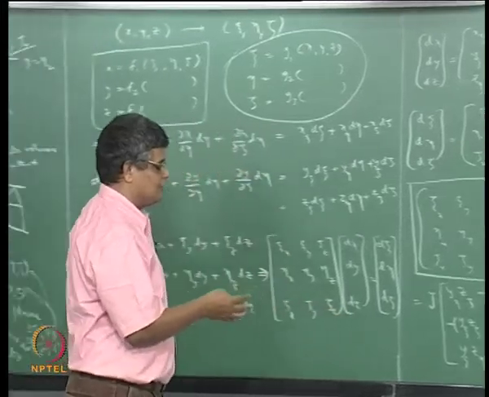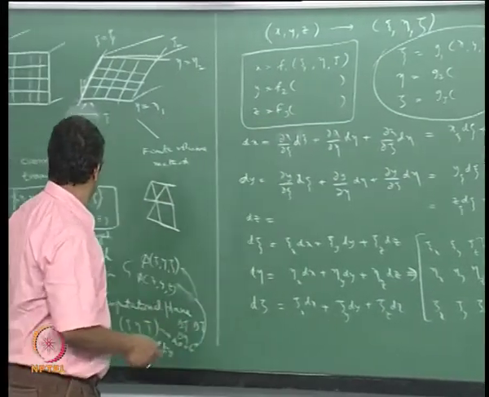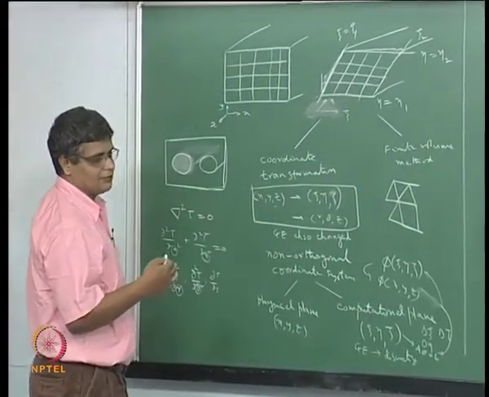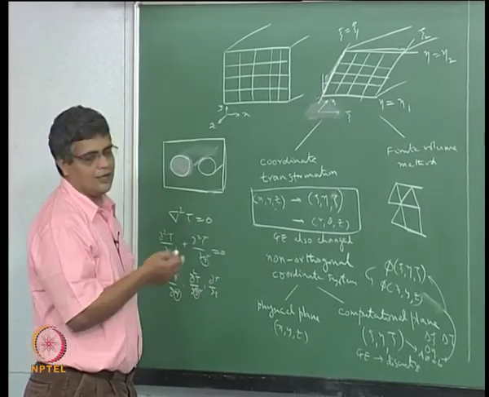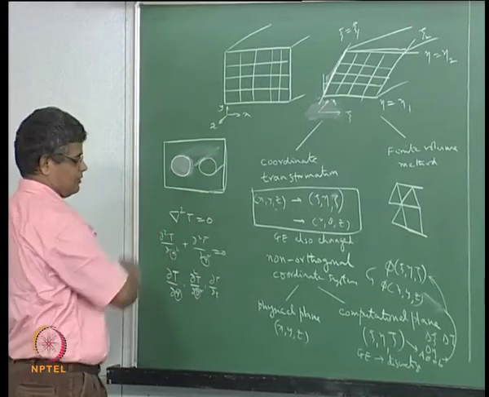Using these, one can come up with a coordinate transformation numerically for an arbitrarily complicated geometry like this.